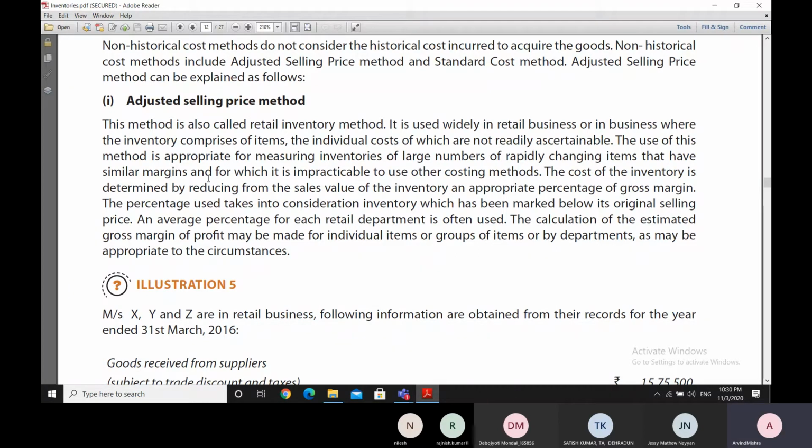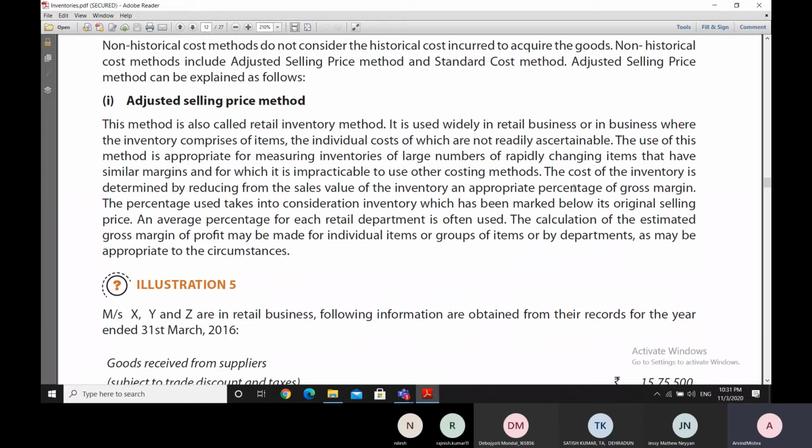Their margins are not varying much, and so it is impracticable to use other costing methods. We are not able to use other costing methods. Every item is different and it is rapidly being sold and purchased, and the margins are similar. Margins are similar means profit margins are similar.